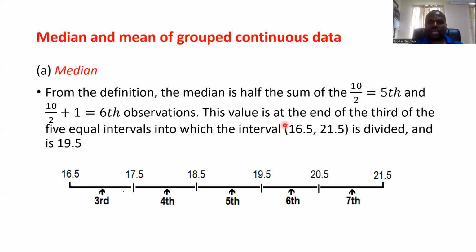This value is at the end of the third of the 5 equal intervals into which the interval 16.5 to 21.5 is divided, and it is 19.5. So the number here would be something here, this is 18.5, so this one would be 19. And then the number here, this is 19.5, and this would be 20. So 19 plus 20 divided by 2 would be 19.5.